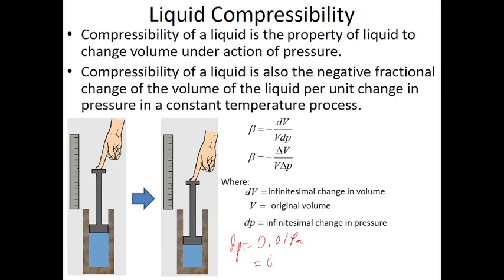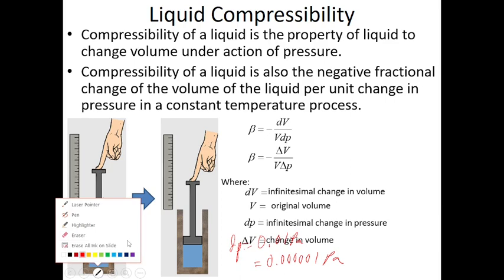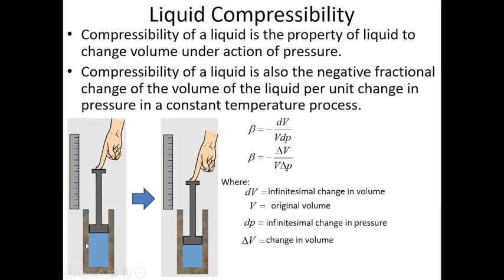May mas maliit pa dyan, 0.000001 Pascal. May mas maliit pa dyan. So, that is differential pressure or infinitesimal change in pressure. Pag sinabing infinitesimal, walang katapusan na pagliit, di ba?